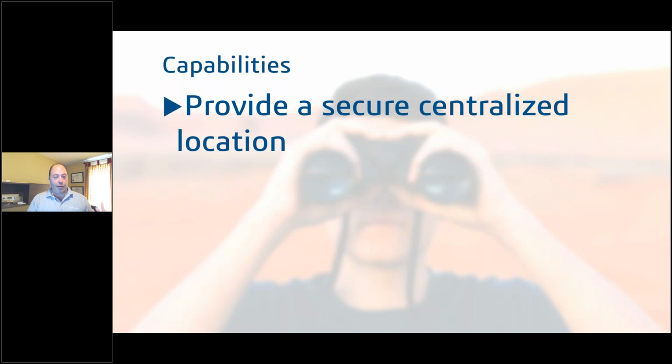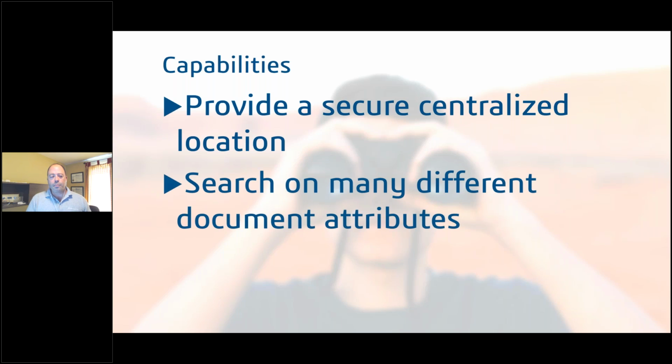We call this a vault for good reasons because it's secured. And all of the information is captured in there. But everything that's in the vault is also searchable on all the different document attributes. So it makes things a lot easier to find the information we need.